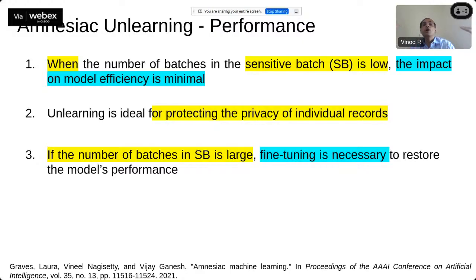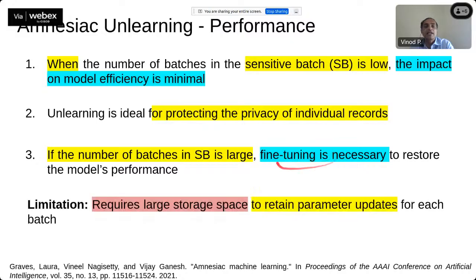That means if you now present the preservation set to the unlearned model, the performance would drop significantly, and in order to maintain the performance, the model developer could perform some fine tuning with the preservation set in order to retain the utility of the model. So this is an additional step that is required.